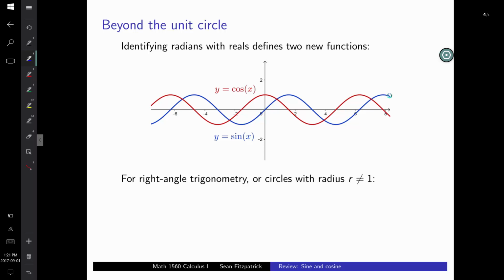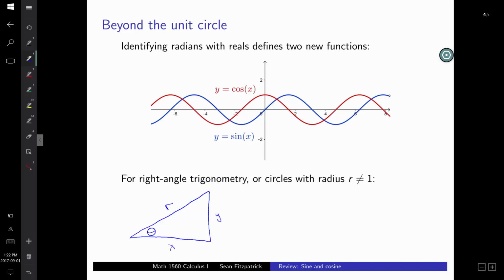And then if you want to move beyond the unit circle and come back to right-angled trig, because there are going to be some applied problems where you have to do that, then you're back to this situation where you're dealing with a right-angled triangle. This side is now some length r. This is my angle theta.